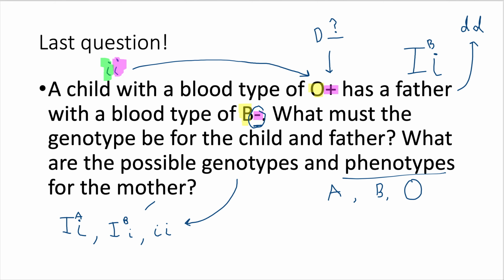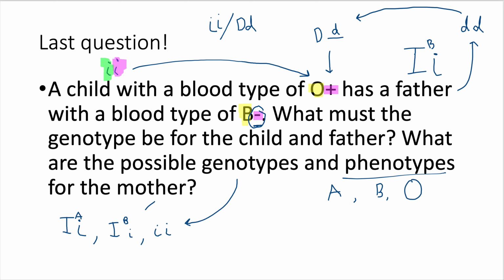So now actually we can tell that the child has to get 1 little d from dad. Okay, because dad can't give any big D alleles because he doesn't have any. Okay, so our child's genotype is little i, little i, and then heterozygous for Rh.